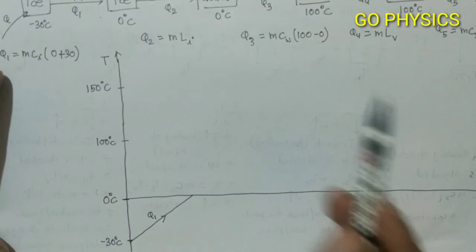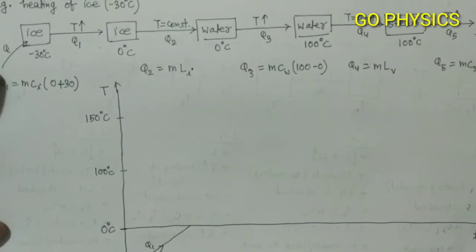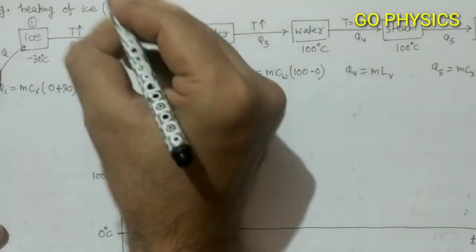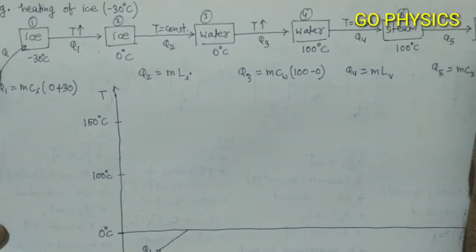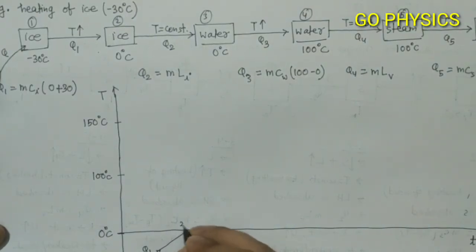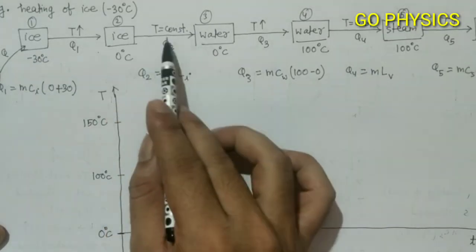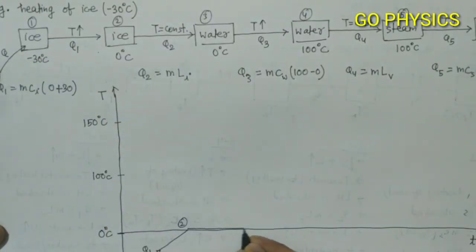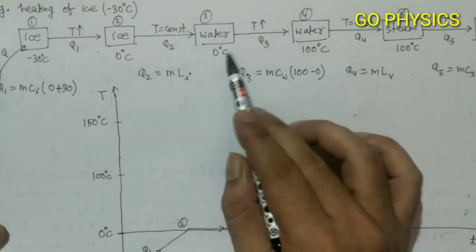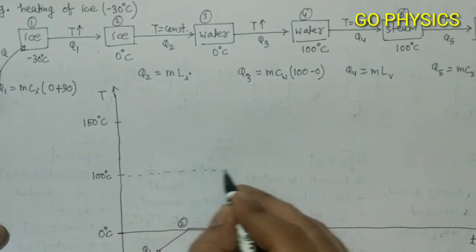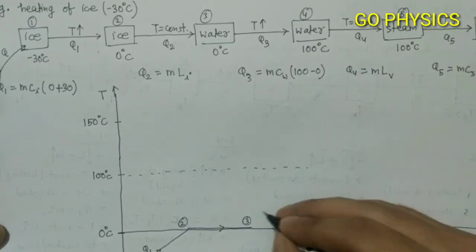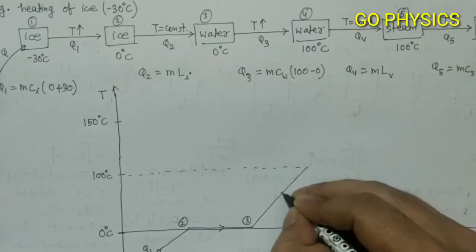After this, let us suppose the states we are passing through are 1, 2, 3, 4, 5, 6. So the initial state is 1 and this is state number 2. Now during state 2 to 3, temperature remains constant, so we will get a horizontal line. Now during process 3 to 4, temperature is continuously rising, so we will get an inclined line, rising its temperature from 0 degrees Celsius to 100 degrees Celsius.